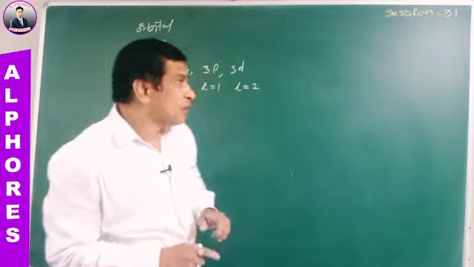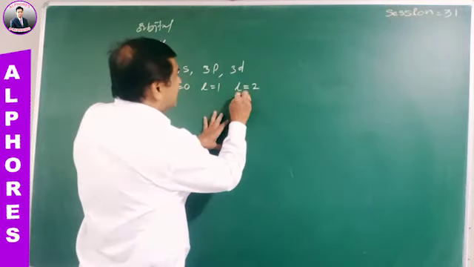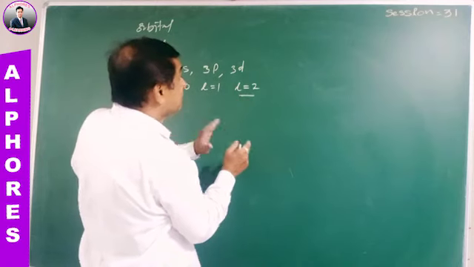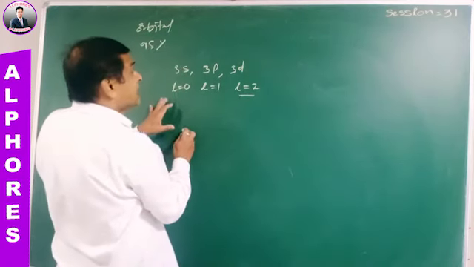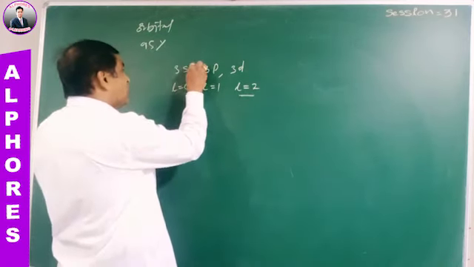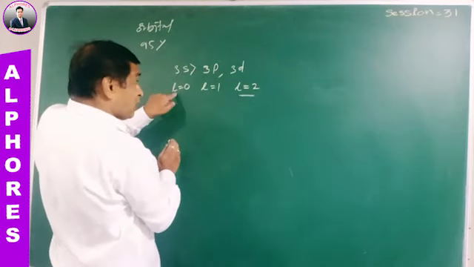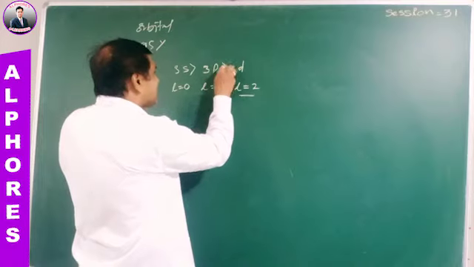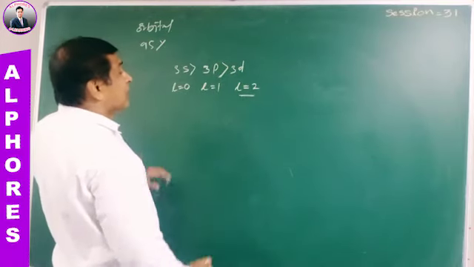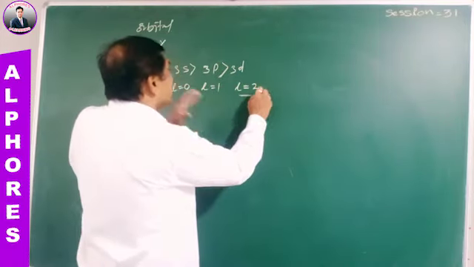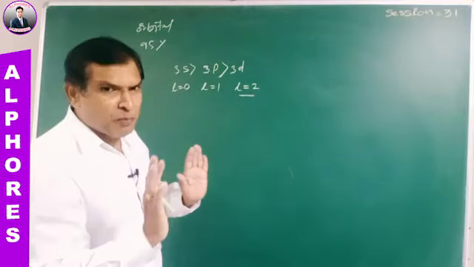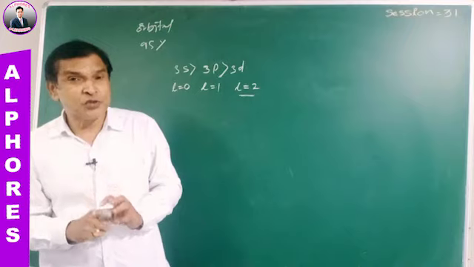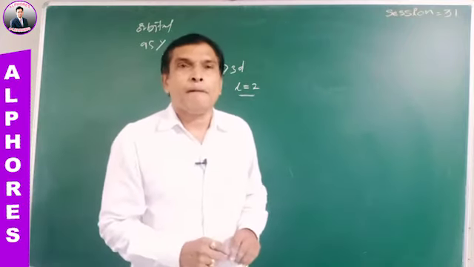Lesser the L value, greater the radii of maximum probability. Therefore, the radii of maximum probability for 3s orbital is greater because of smaller L value. It is greater than 3p, which is greater than 3d orbital. So higher the value of L, lesser will be the radii of maximum probability. That is the point you have to remember. Important and interesting question.